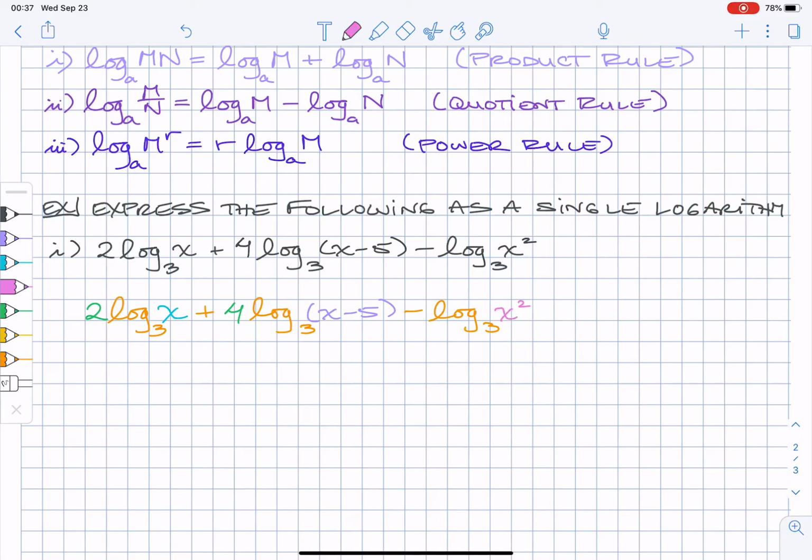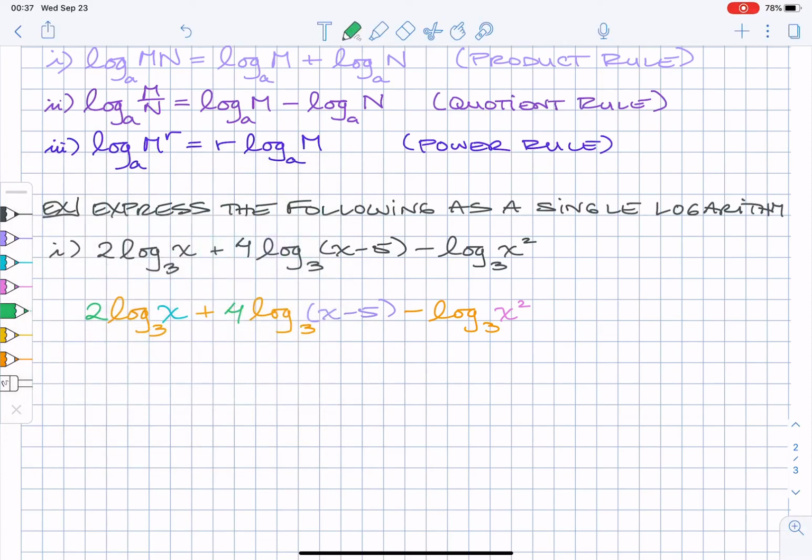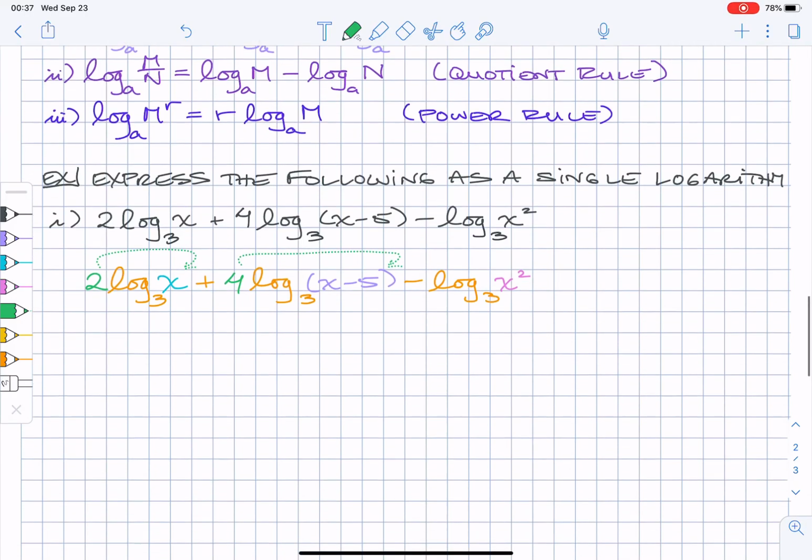Okay, so the first thing I'd like to do is put each of these coefficients into the exponent.